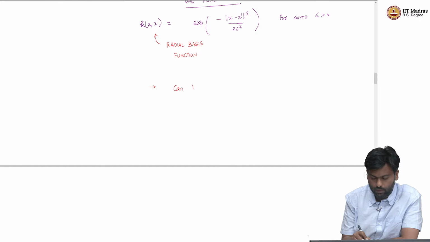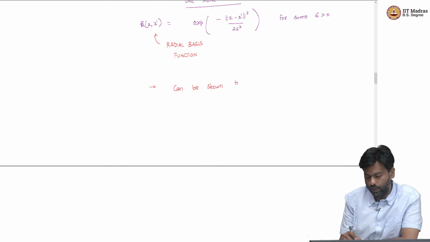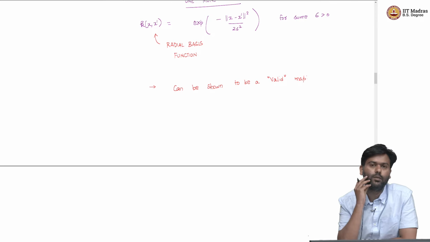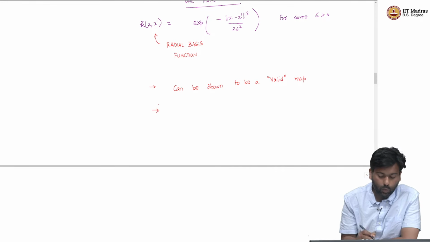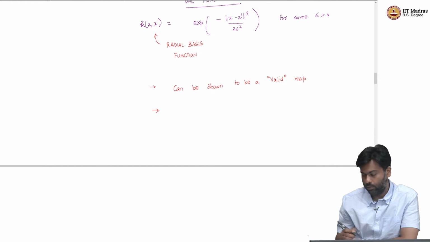The first thing is that it can be shown that this is also a valid map. Again, valid in the sense that you can exhibit a phi where this is exactly computing the dot products in the higher dimensional space. But what is this higher dimension? That is actually even more interesting.